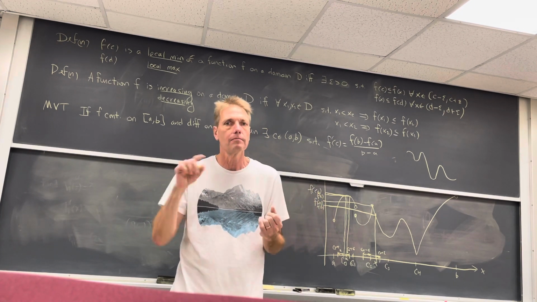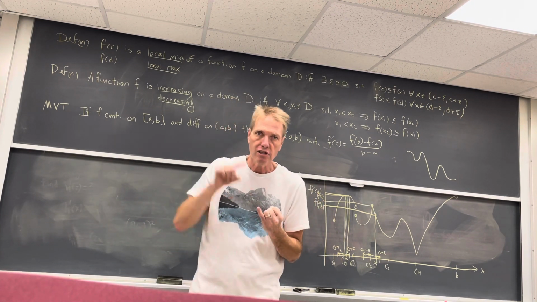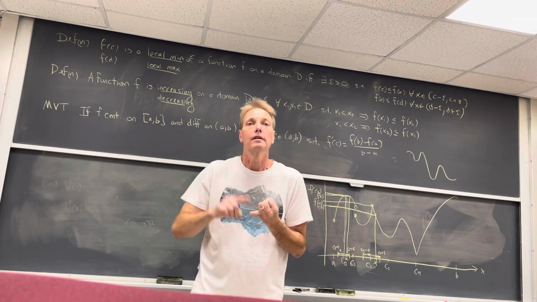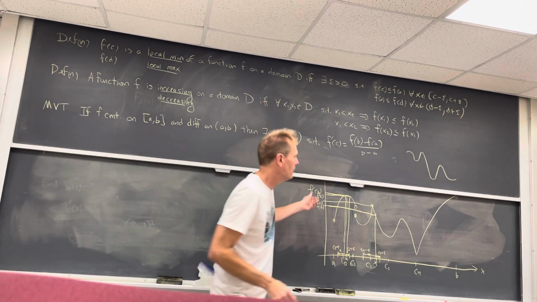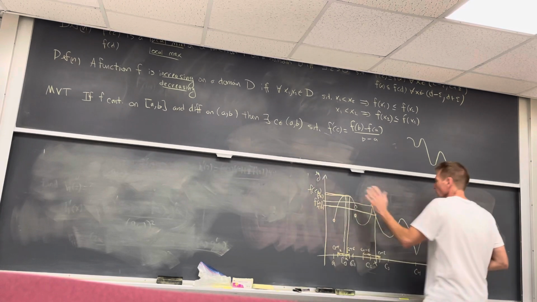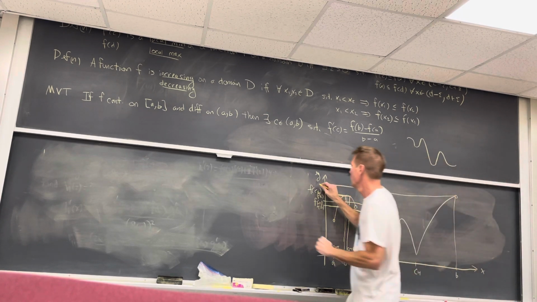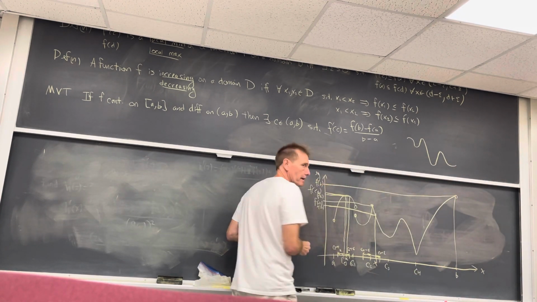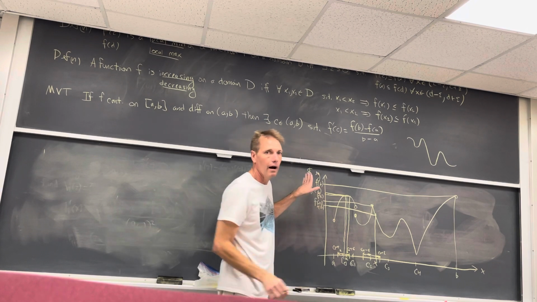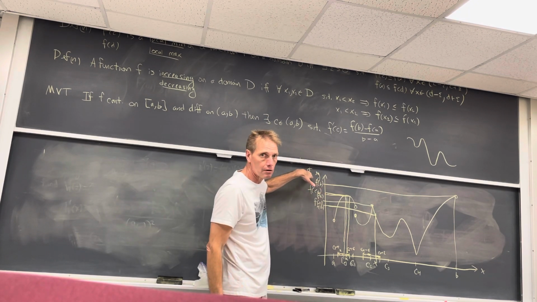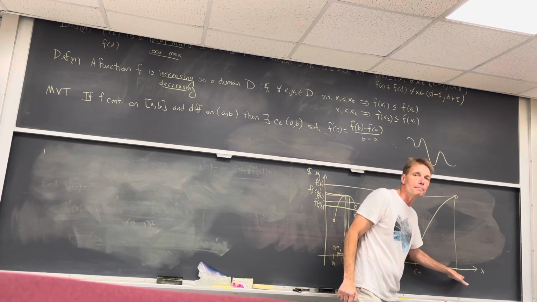there's this major theorem that's going to show us that they must occur either at an endpoint, which is kind of like what we see here. If we look over here, the biggest guy is actually the point f of b. If this is dollars, I'm getting my most money when I'm at B, okay?